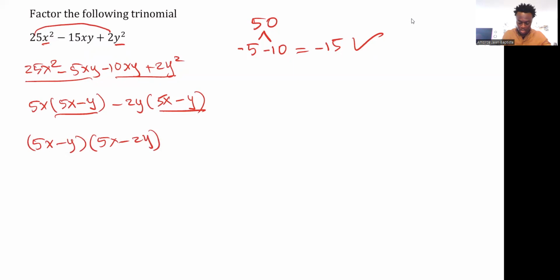And check again, 5x minus 2y. Perfect. And that is my answer. So this was not a perfect square trinomial.